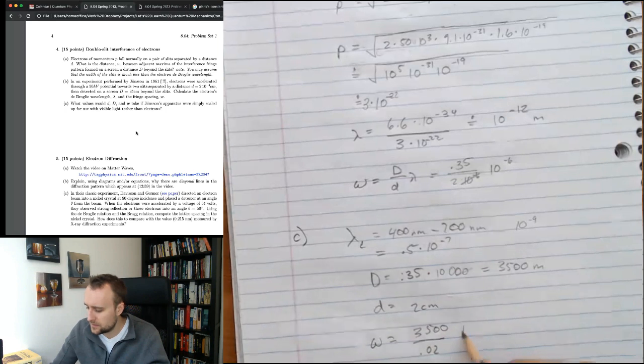Lambda is going to be, let's say 10 to the negative 6, around there.